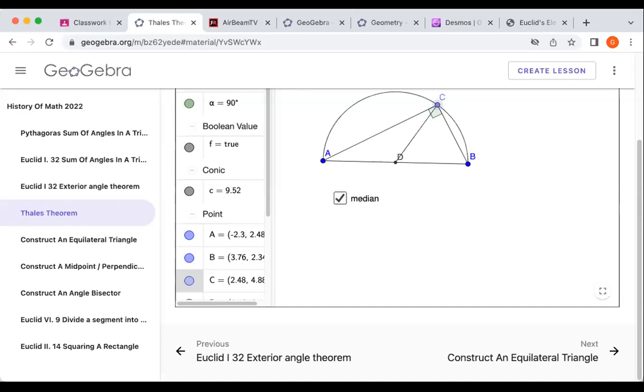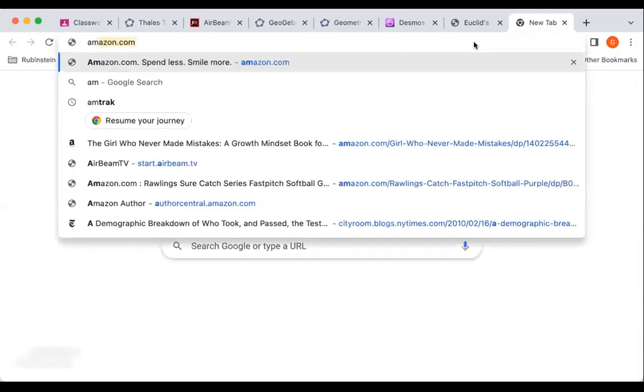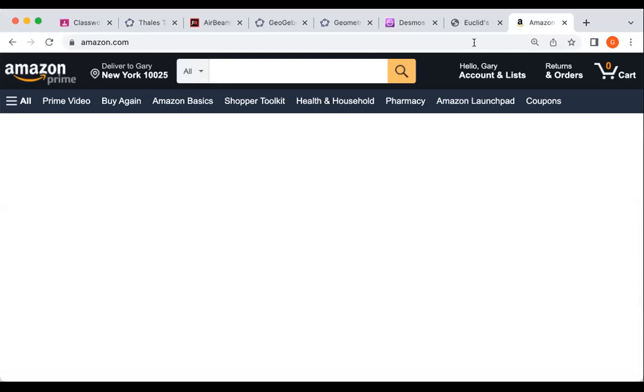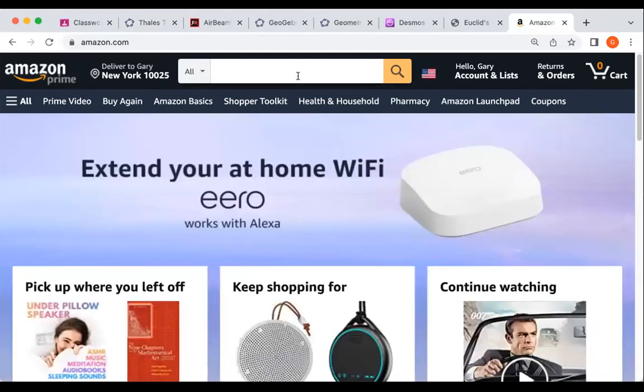Okay, hey everybody, welcome back. Yes, someone mentioned you can buy Euclid's Elements. When you buy Euclid's Elements, the thing to buy, let's go to Amazon. It's called the 13 Books of Euclid's Elements, but it's made in three volumes.